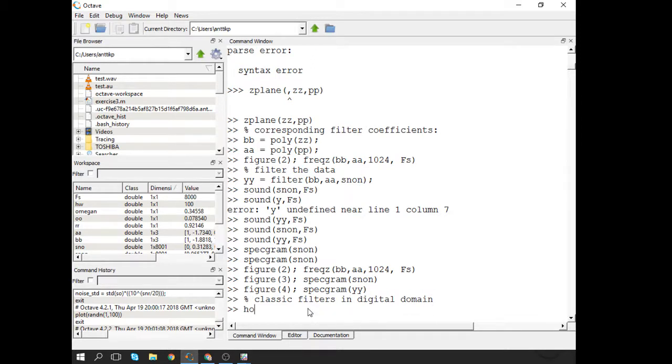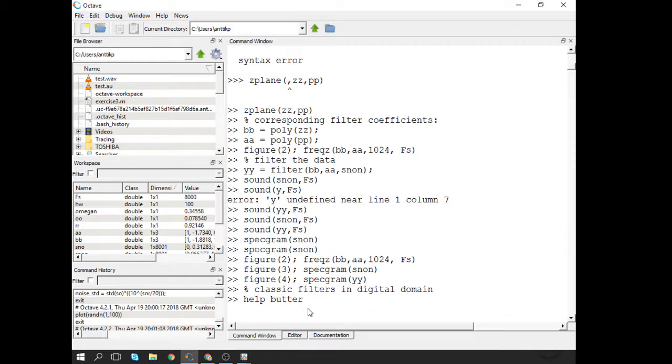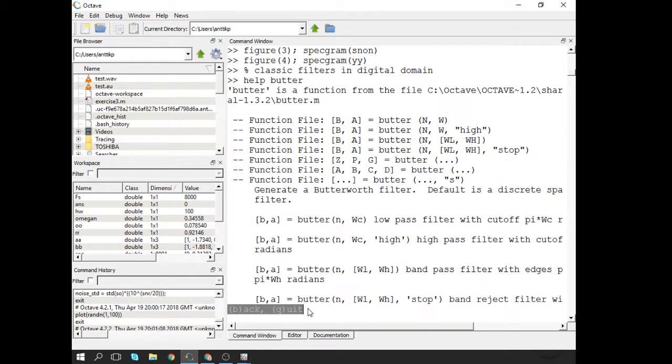There's actually a routine, for example, butter, which generates filter coefficients for digital filter.